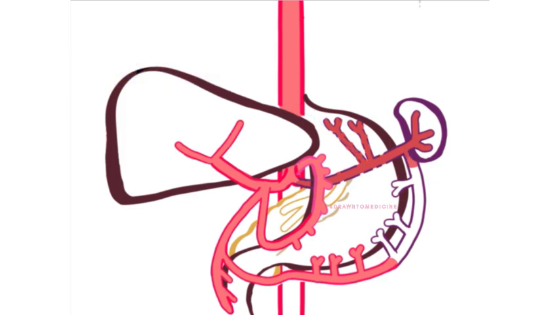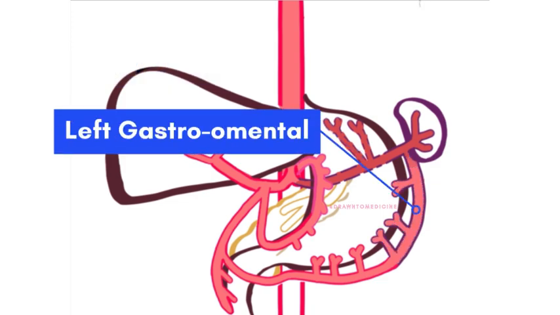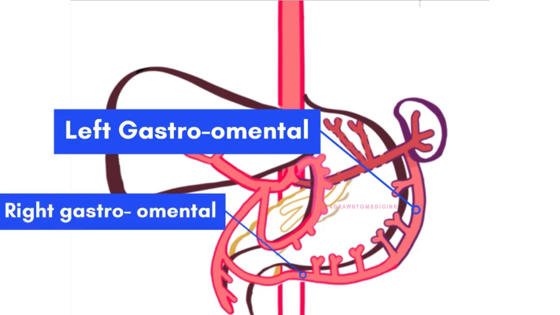And then it also is going to give out another artery known as the left gastroomental artery, which, if you remember, along with the right gastroomental artery, is going to supply the greater curvature of the stomach.